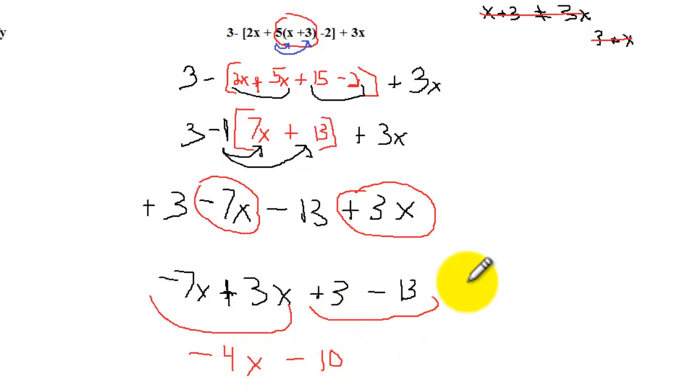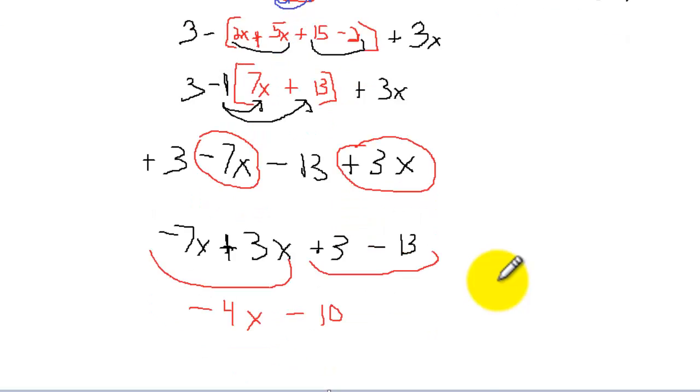And this can then be broken down further. We can factor out a 2, which means we're going to divide both terms, but let's divide them both by negative 2. And this way it'll help to clean up the integer mess that we've got.